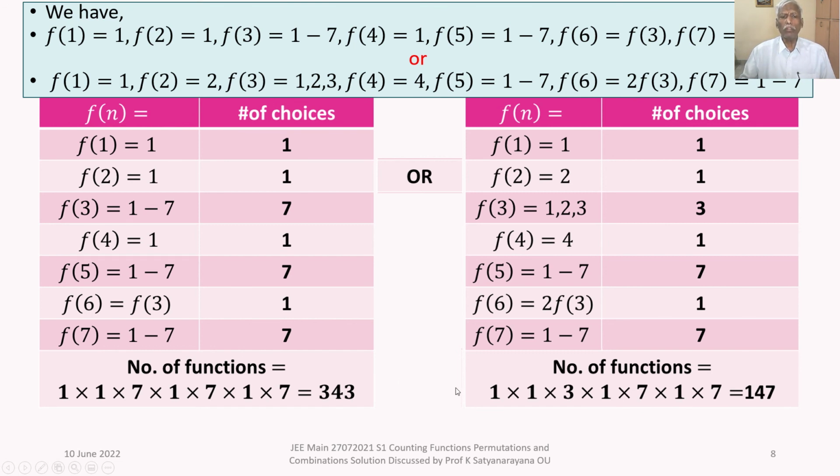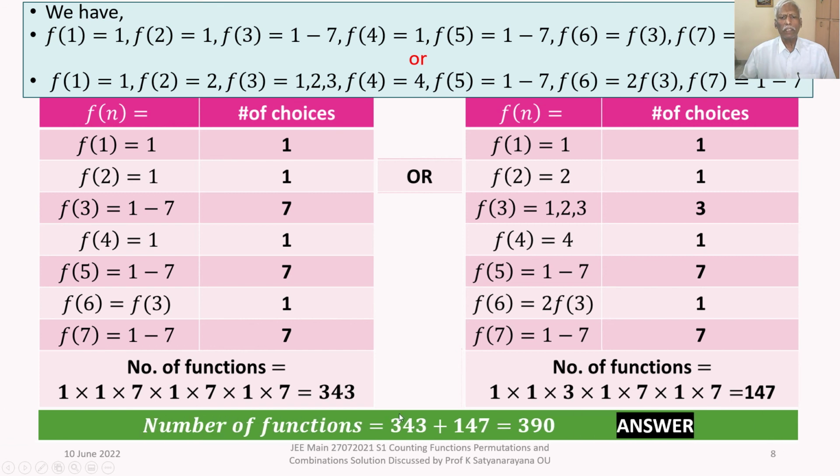Now, by the sum rule of counting, the total number of functions satisfying the given conditions is 343 plus 147, that is 390. That's your answer.